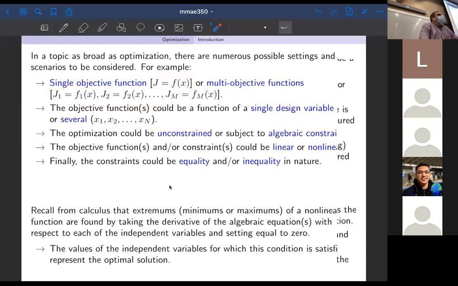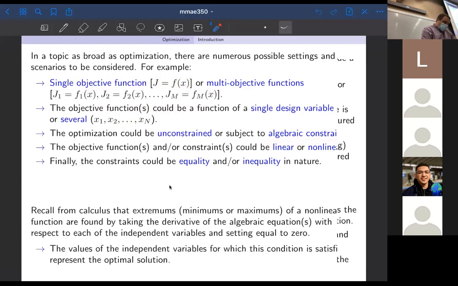It might be the fact that x2 cannot be bigger than 10 for some reason. Maybe x2 is the power of the motor, and the power of the motor cannot exceed 10. So that's an upper limit on the value of x2.